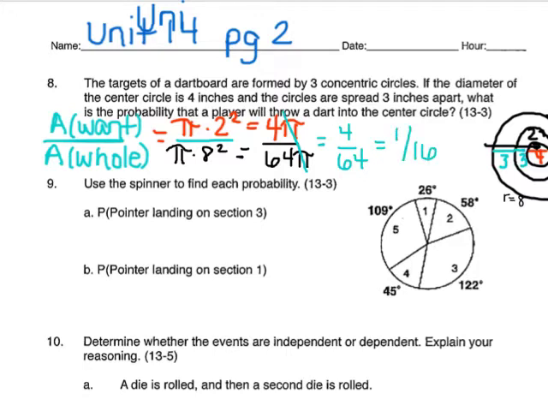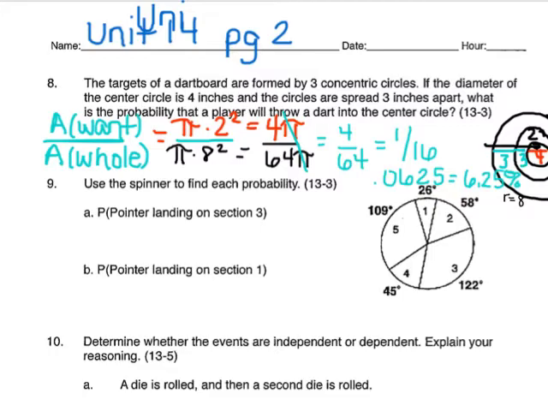If you wanted that as a percentage, well, the decimal is 0.0625, so it would be 6.25%. Any one of those answers, 1 over 16, 0.0625, or 6.25%, would all be acceptable.